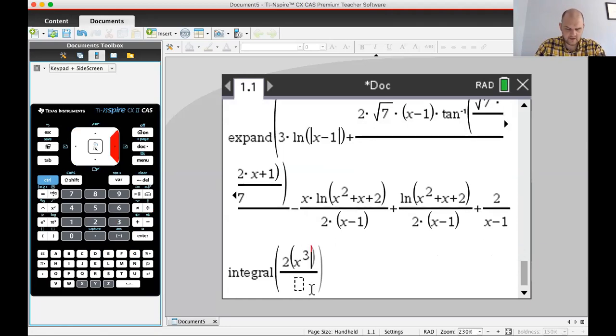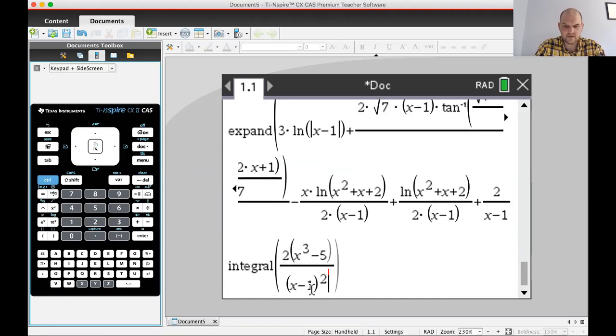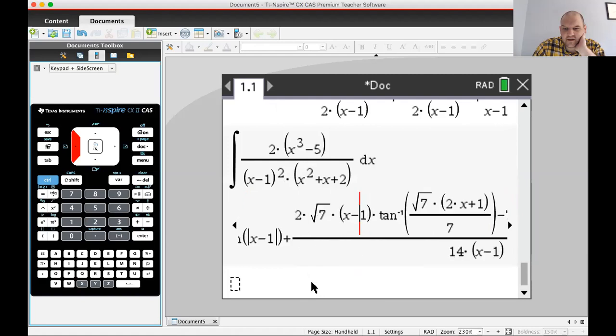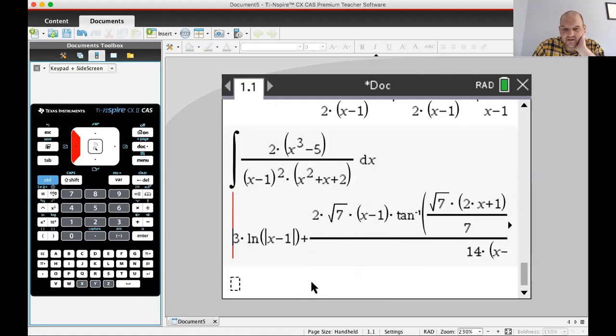2x cubed minus 5. I might have to resort to taking the derivative of my answer, which is not bad because the calculator is going to do it. But yeah, why are you doing this to me? Those cancel. I don't want to search this out.